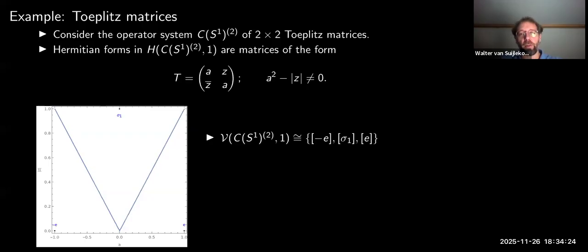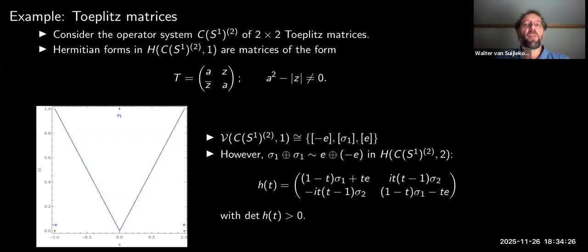So there's a lot of information around. And it propagates to higher levels: if you take two copies of sigma 1, so these two Pauli matrices that you add, then you cannot diagonalize them directly, but you can diagonalize them as a block matrix, putting E and minus E, and that you can realize within the space of Toeplitz matrices.